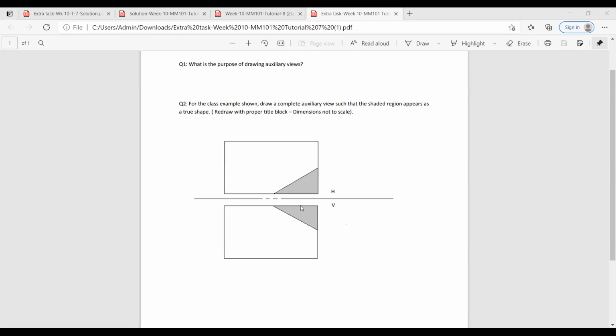We have to use something called a secondary auxiliary view, which essentially means we rotate the view 1 degree so that it's going perpendicular into the page, and then 1 more rotation so that it's parallel to the viewing plane or the picture plane. I will share a video resource with you guys which clearly explains how to do these types of questions.